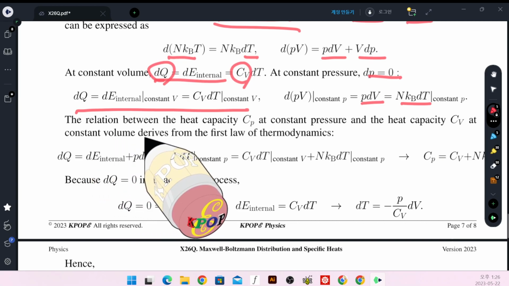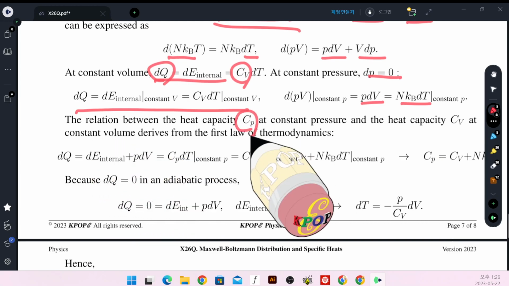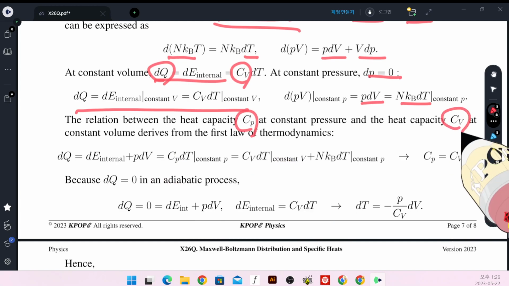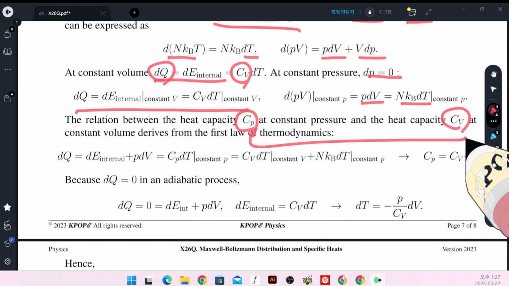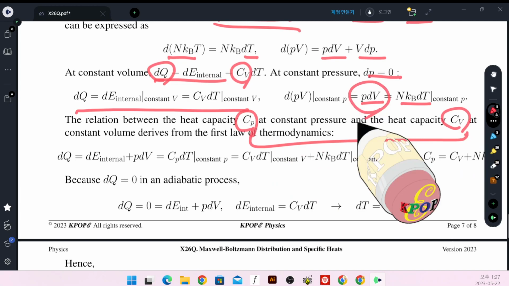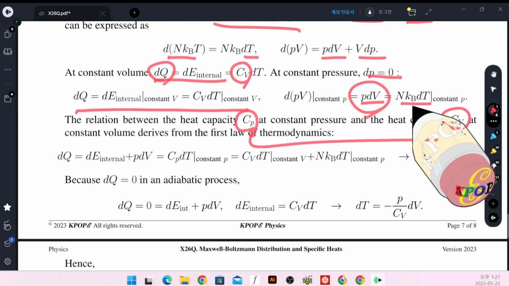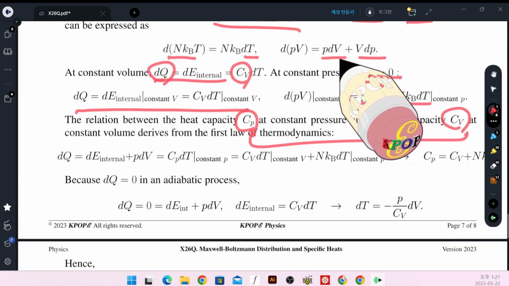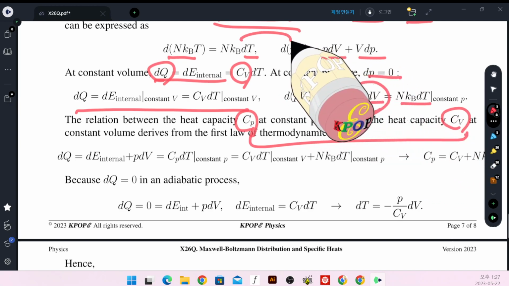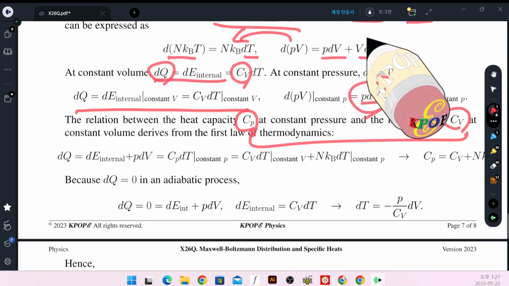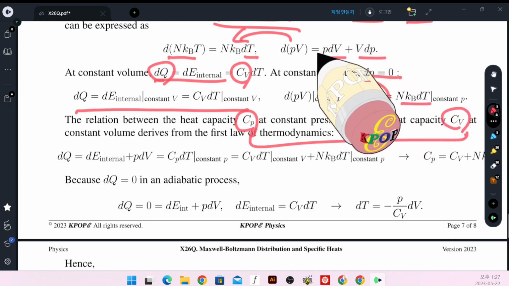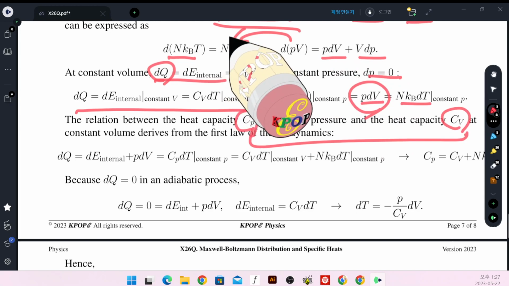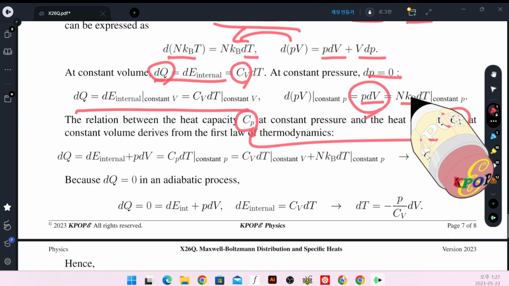So the relation between the heat capacity Cp and Cv, the difference is due to the work done by the gas. And the work done by the gas is expressed as this because of this identity. If dP disappears, the PdV is just the nkB dT.